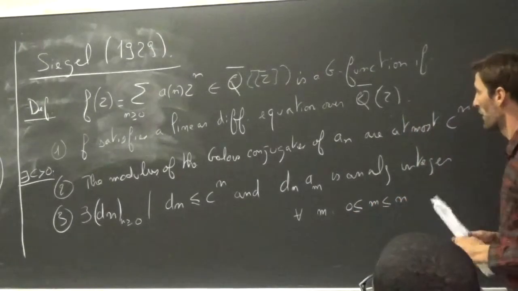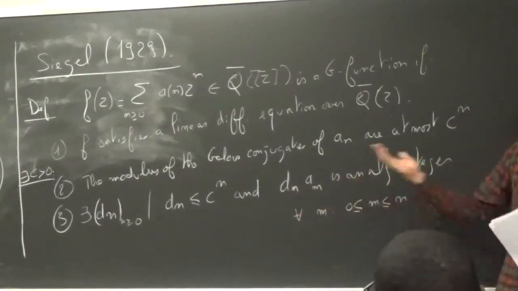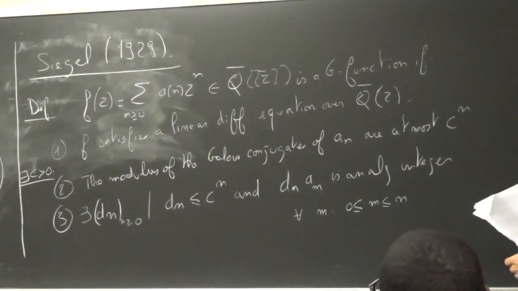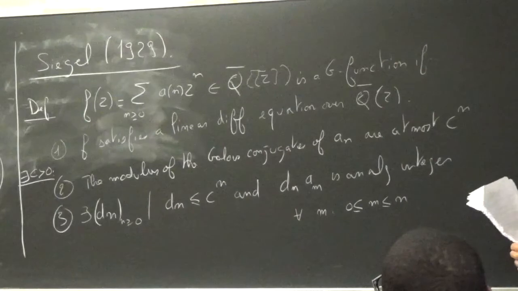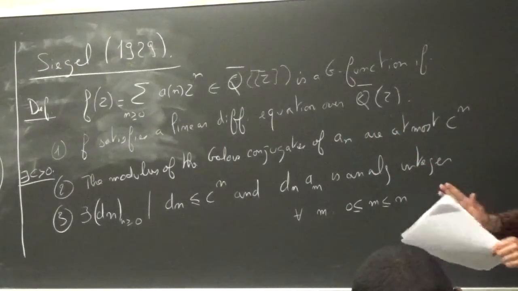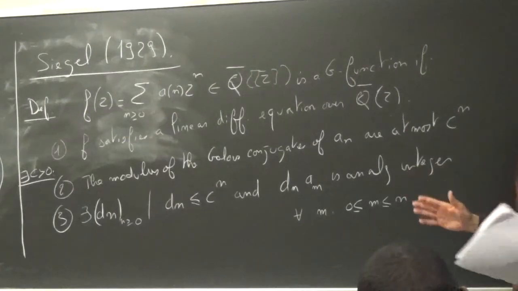We can multiply by this number d_n, and all the first n coefficients become algebraic integers. So these two could be rephrased by saying that the projective height of the first n coefficients is not too big.